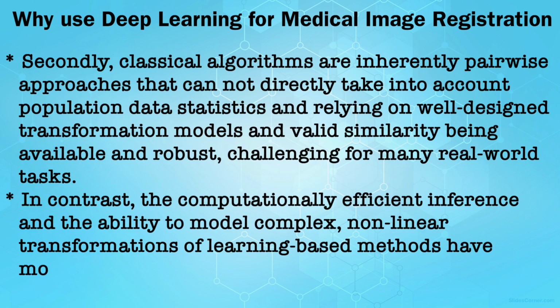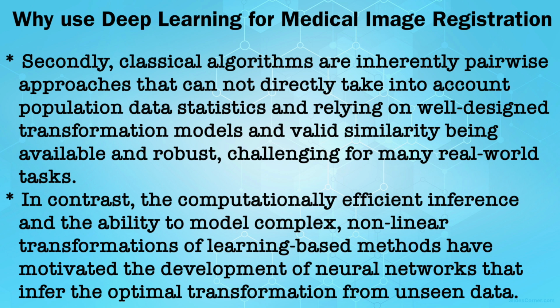Secondly, the classical algorithms are inherently pairwise approaches that cannot directly take into account population data statistics, and relying on a well-designed transformation model and valid similarity measure being available is a robustness challenge for many real-world tasks.